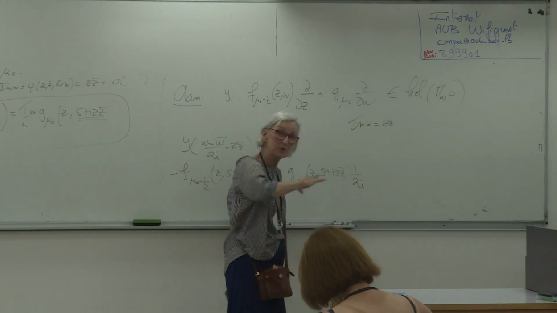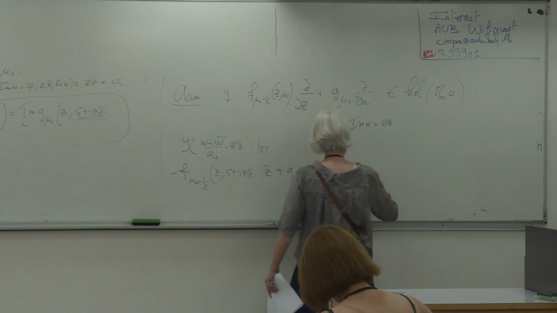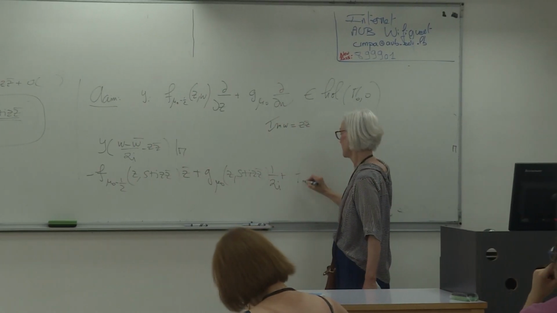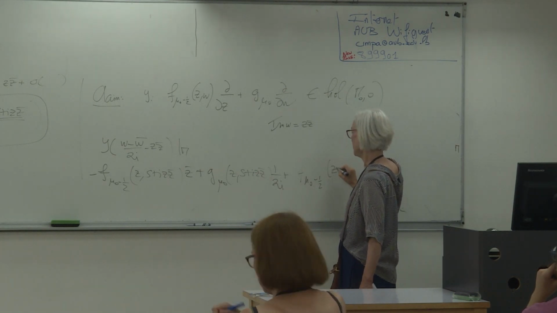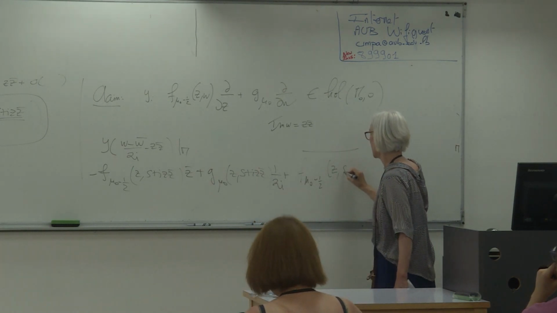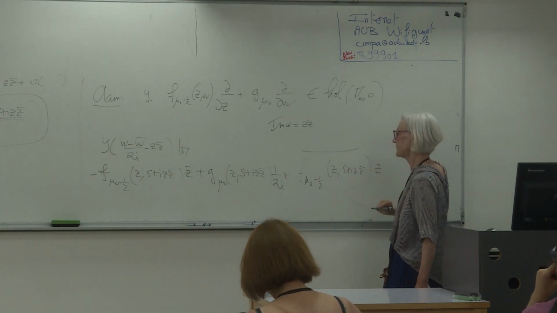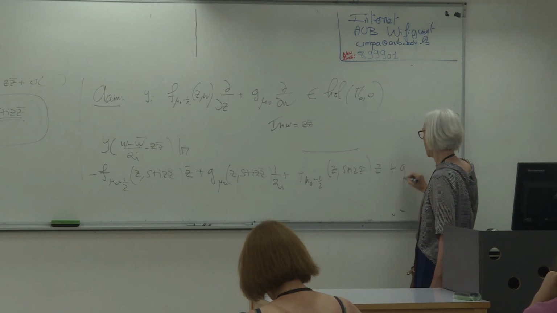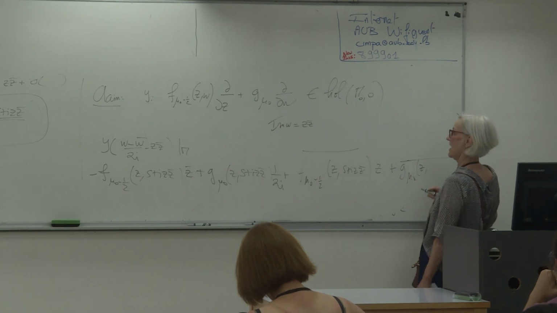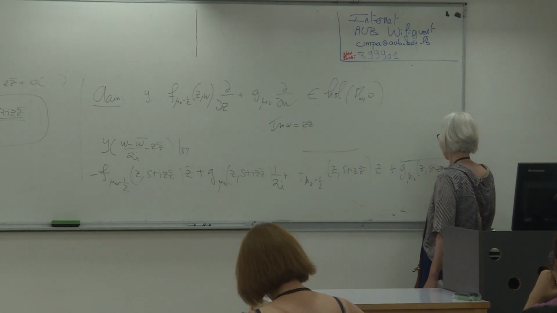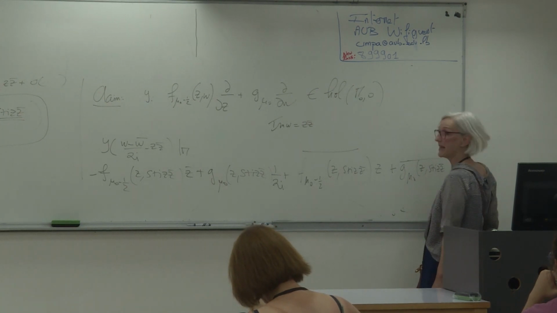And now, to be in Holm, I need to add the bar. So what is the bar? It's F mu 0 at Z, S plus I Z bar, right? Times Z plus G mu 0 bar at Z, S plus I Z bar, 1 over minus 2I.